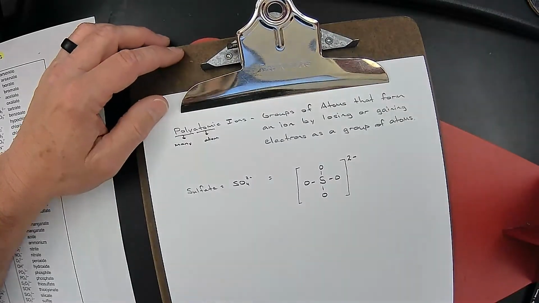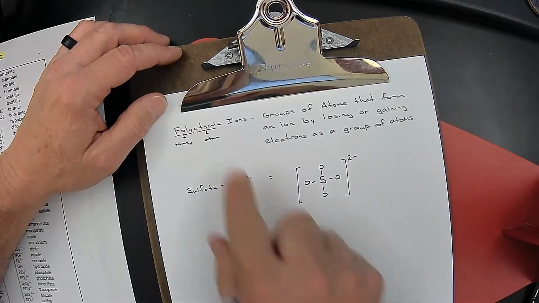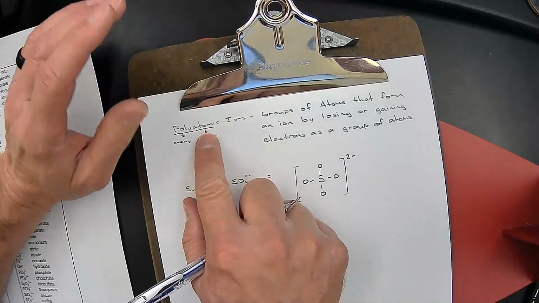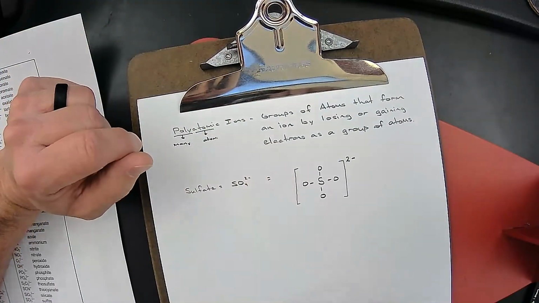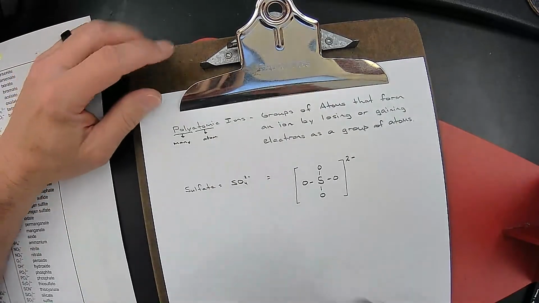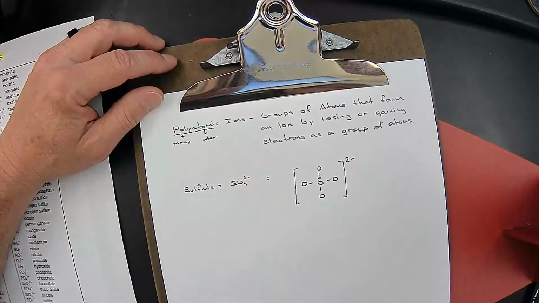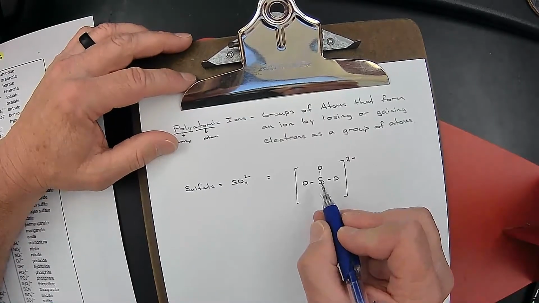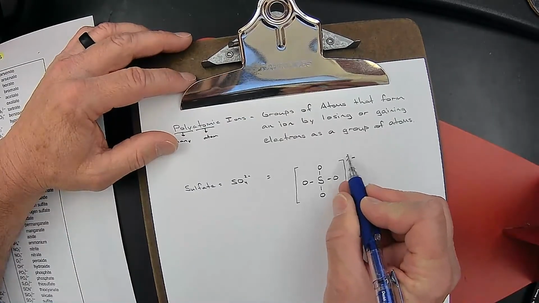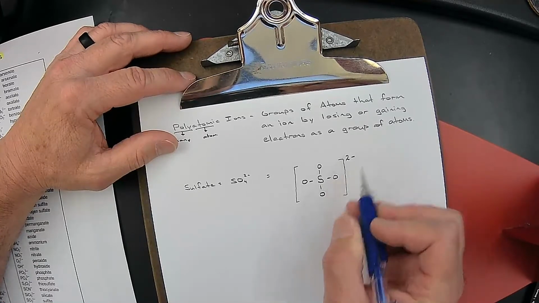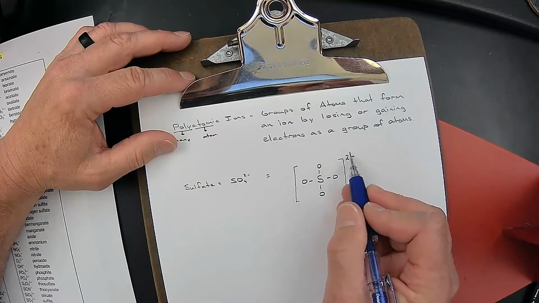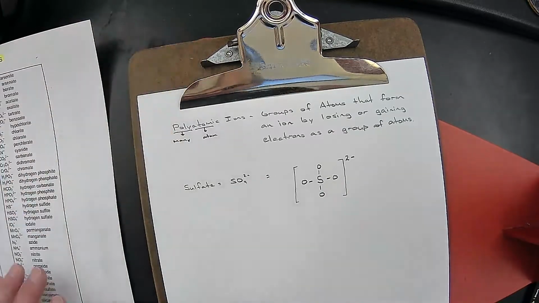I think earlier I said that it's most common that these groups of atoms form positive ions. They don't. They typically form negative ions, so I want to clarify that by gaining electrons. Most of these groups of atoms are gaining electrons. So instead of just one atom gaining 2 electrons, it's a group of atoms gaining 2 electrons.